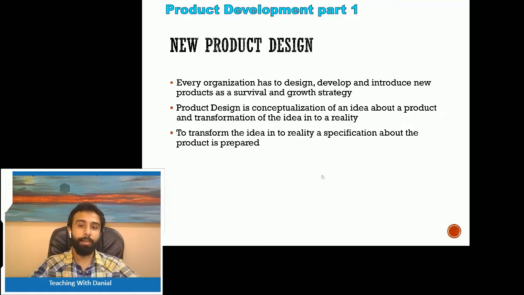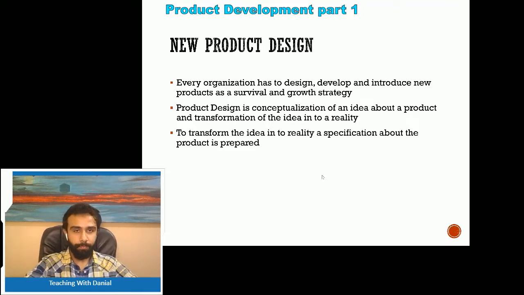So let's develop a new product and add a flavor of, let's say, tomato flavor or vinegar flavor, right? And then launch into the market. With this, you'll be able to keep the complete market share all the time, because your customer is coming back to you because you're offering them something new, and this way, with the current product and with the new products, you are growing. So that is your growth strategy.